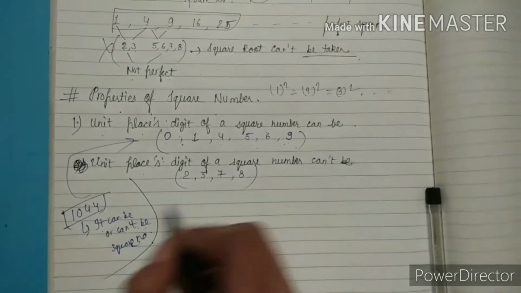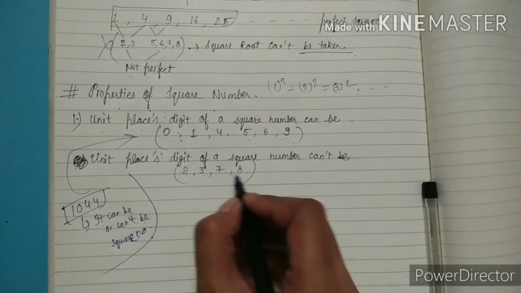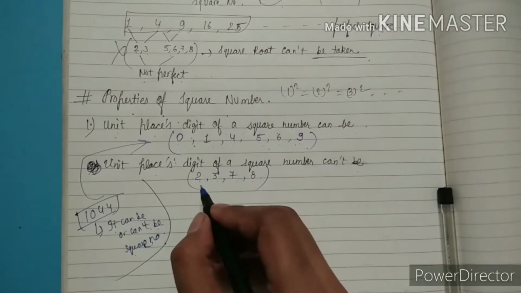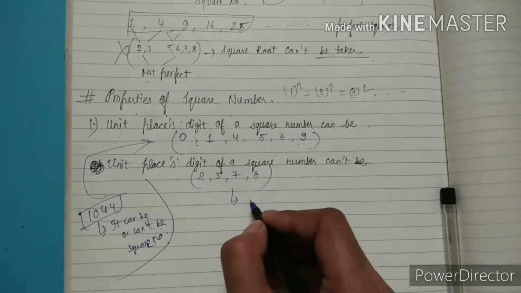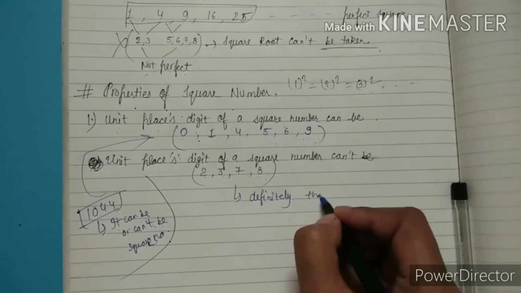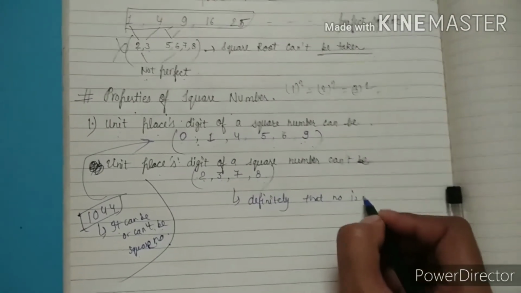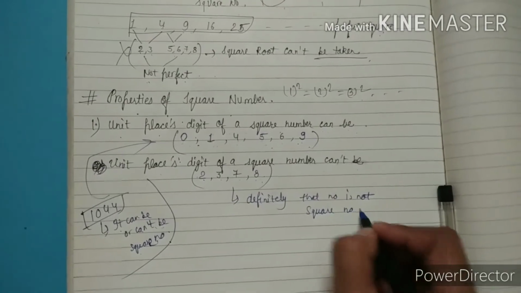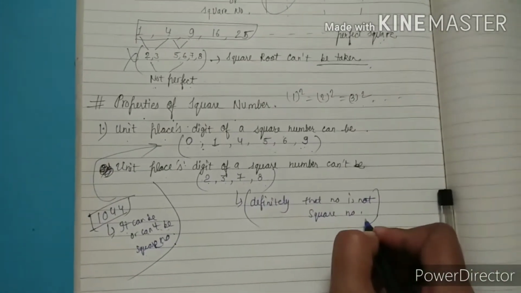But when we see 2, 3, 7, 8 at the unit place of any number, at that time we will say definitely that the number is not a square number. This is the definite condition.